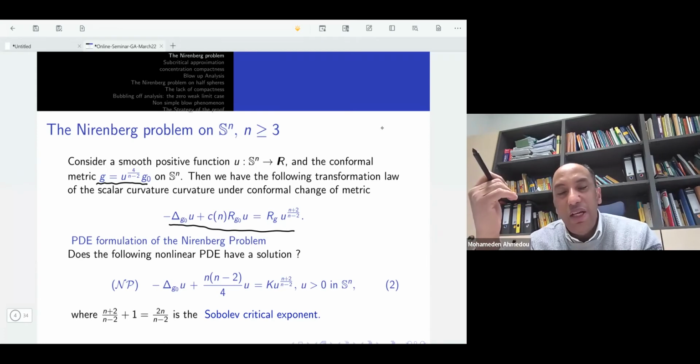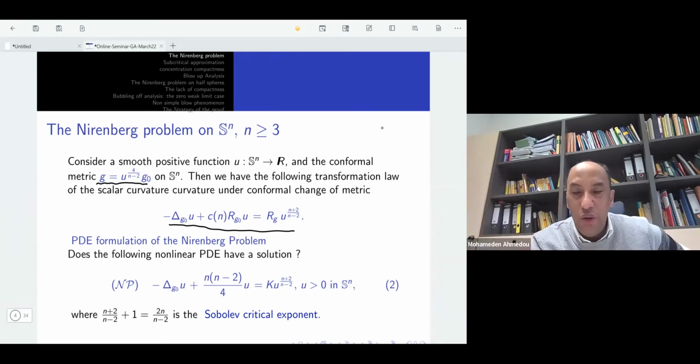Then you can rephrase the equation of Nirenberg and ask: is it always possible to find a solution of the following nonlinear PDE, minus Laplace of u plus n times n minus 2 divided by 4 times u equal to k times u to the power of n plus 2 divided by n minus 2. And of course, you ask u to be positive, because otherwise you will not have a metric.